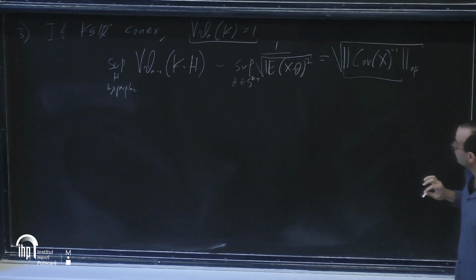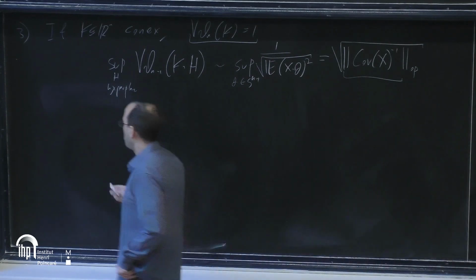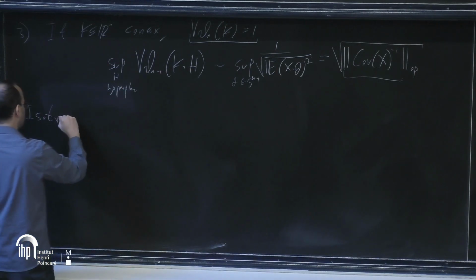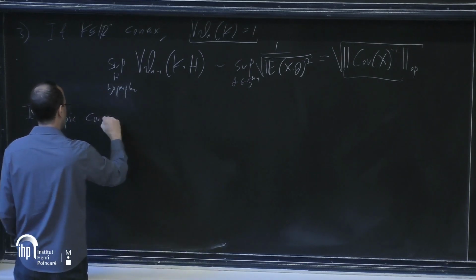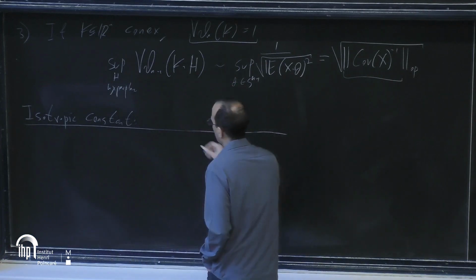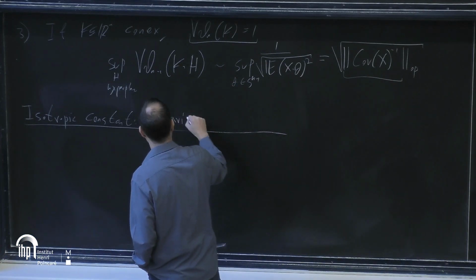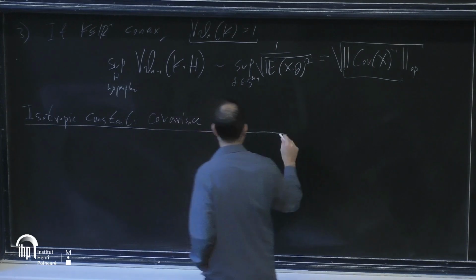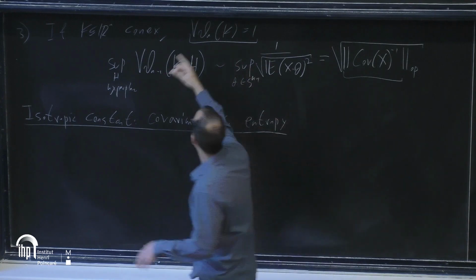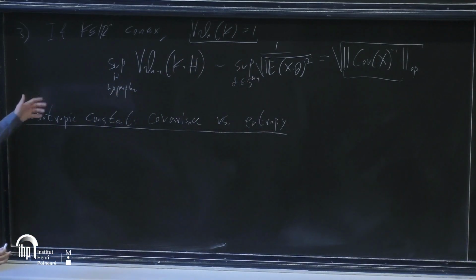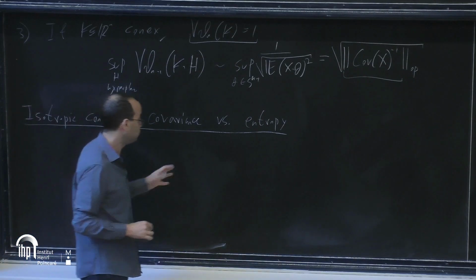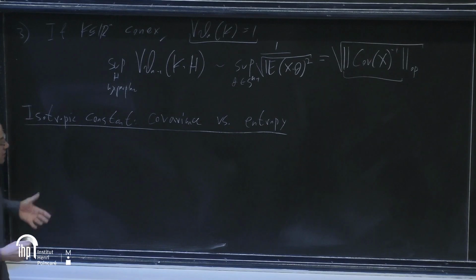So from now on, we will not discuss so much hyperplane sections, but we'll discuss covariance versus volume. And this is embodied in the isotropic constant. It measures basically covariance versus volume, but let me write entropy. You could say that the log of the volume of a convex set is the differential entropy of the random vector distributed uniformly in K. So this is the point of view that we like to take here.